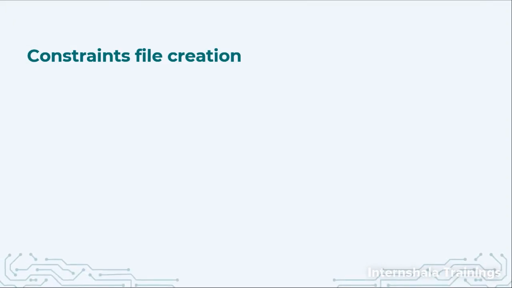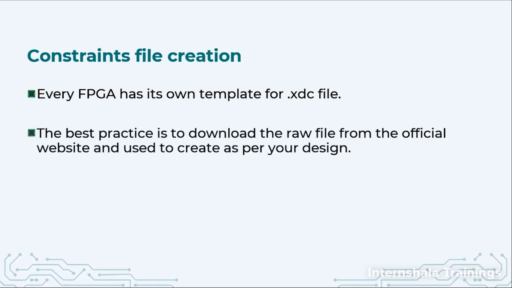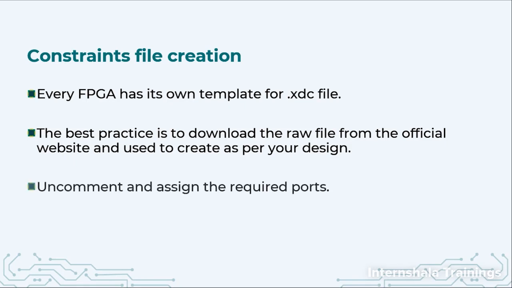So how do we create a constraints file? First of all, every FPGA board has its own template for the XDC files. The best practice is we go to the website, download the file and then use it. You can also write your own file, but the best practice will be that we take the template, the raw file from the manufacturer website, and then we use it.